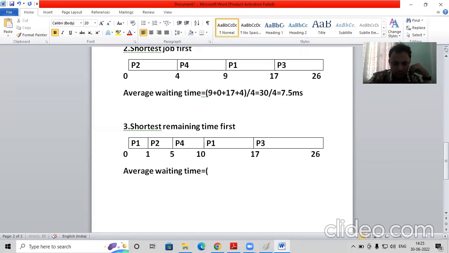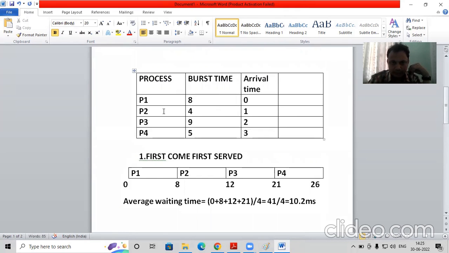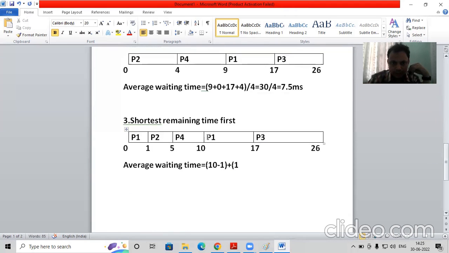So for P1 it is 10 minus 1, plus for P2 waiting time is 0 because 1 is the arrival time. See, arrival time for P2 is 1 and after 1 second it is arriving. So 1 minus 1, that is 0. P2's waiting time is 1 minus 1, that is 0.